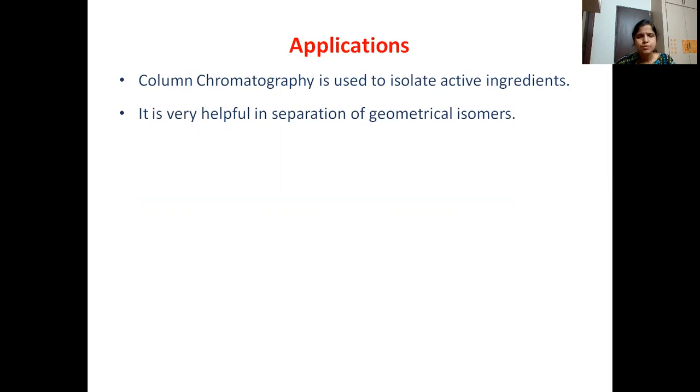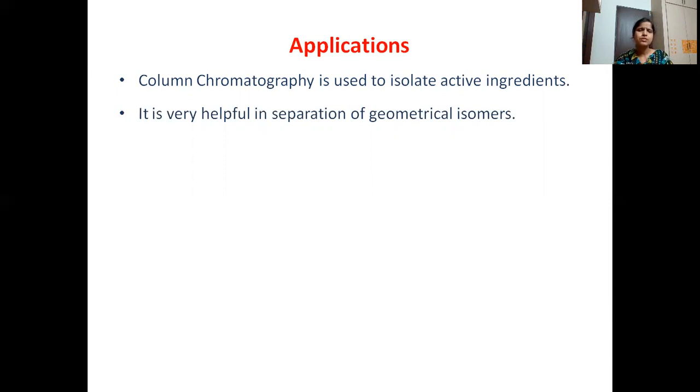Taking the example of cis and trans, we know that in cis, both the identical groups are on the same side with respect to the double bond, and in trans, they are on the opposite side. If we want to separate them by the column method, it depends upon the adsorption affinity between the isomers and the stationary phase.